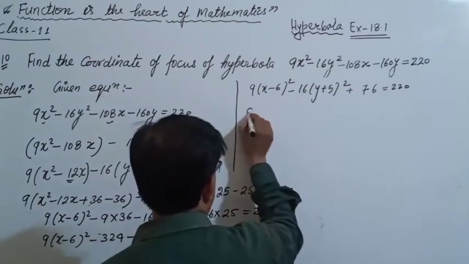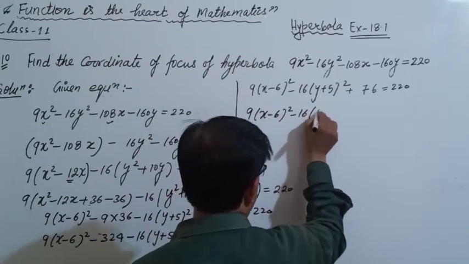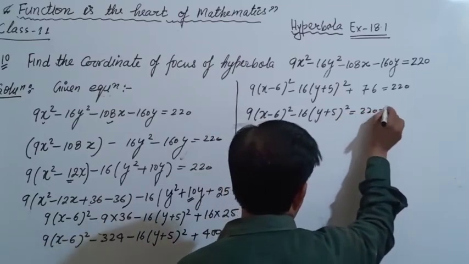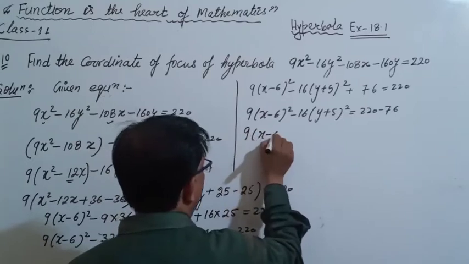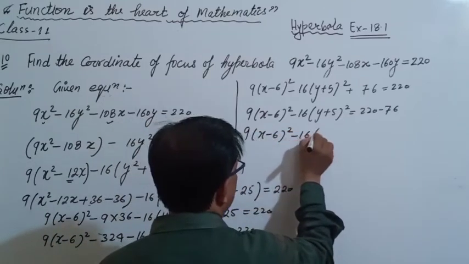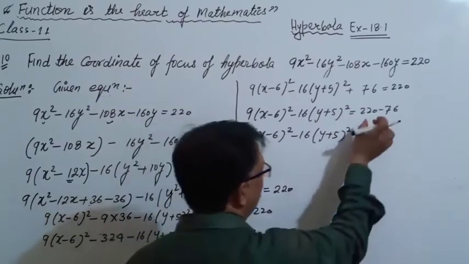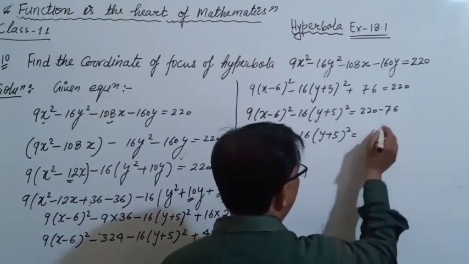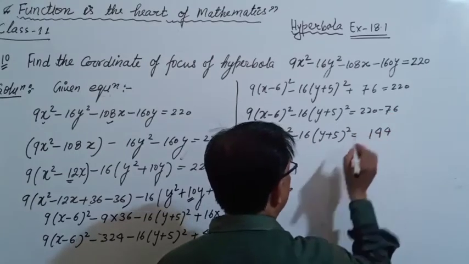So this is 9(x minus 6) whole square minus 16(y plus 5) whole square equals 220 minus 76, which is 144.